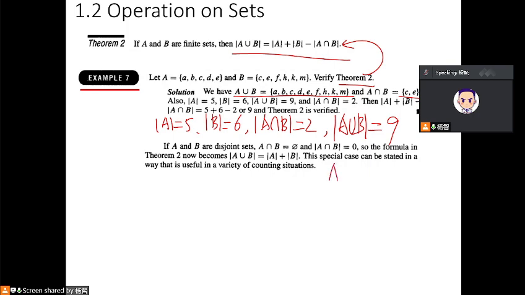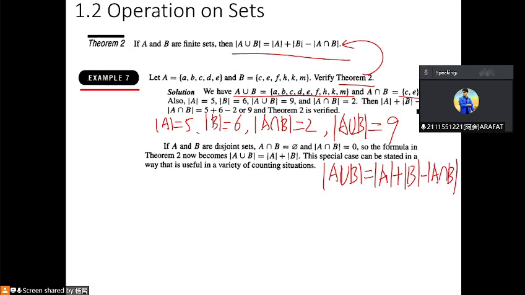Then we have 9 equals 5 plus 6 minus 2. We just verified theorem 2 using example 7. This is not the proof, just a verification using an actual example.